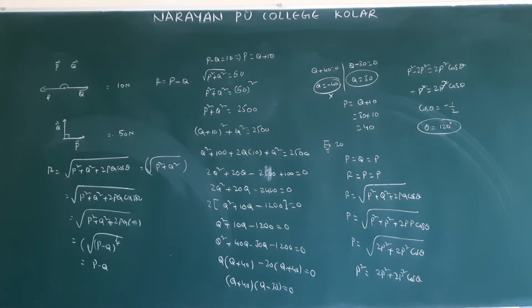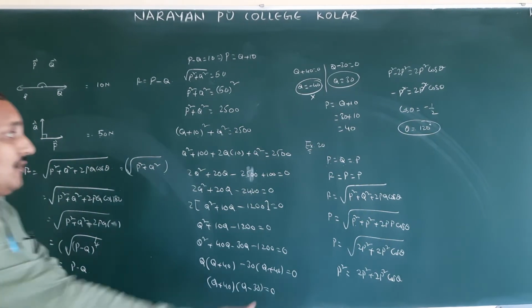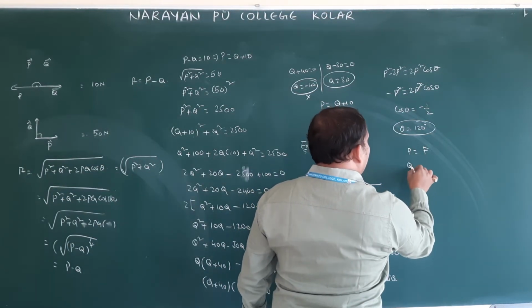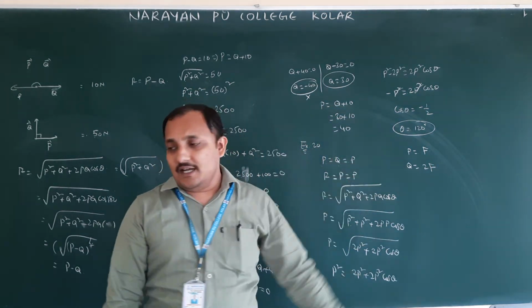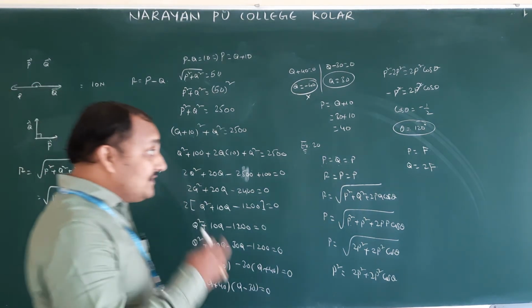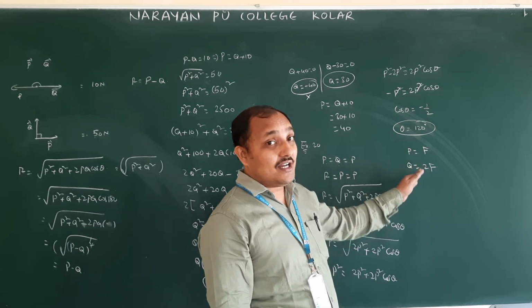One double the other means one force P is, let us assume, F. Then Q is equal to 2F, isn't it? So the resultant of these two forces is perpendicular to the smaller force.